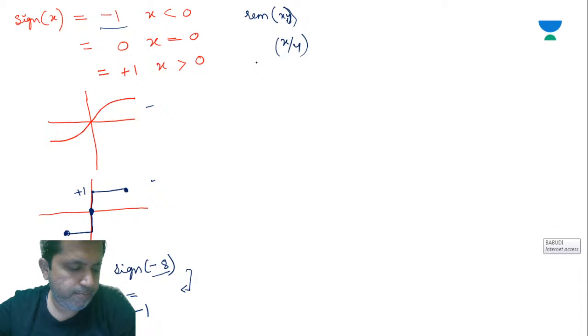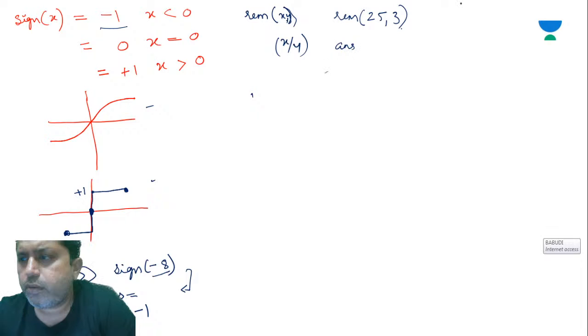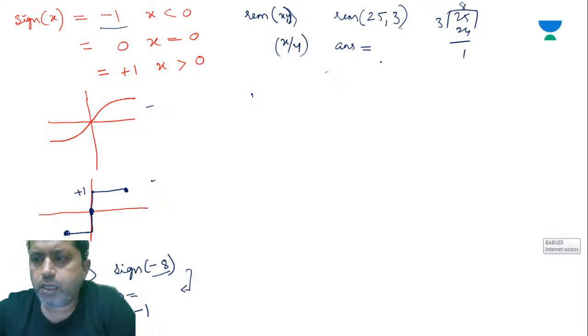So if I use remainder 25 comma 3, what is 25 by 3? See here, 3 eights are 24, remainder is 1. So the answer is equal to 1, like this.